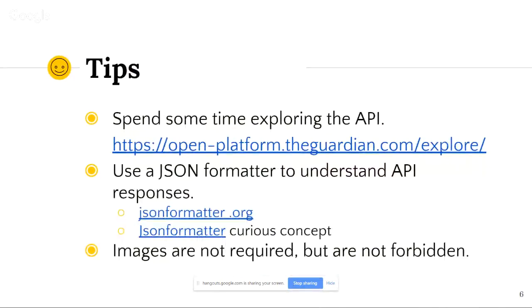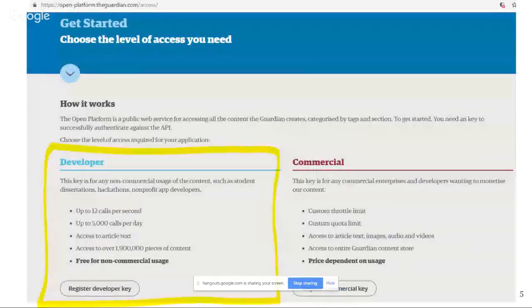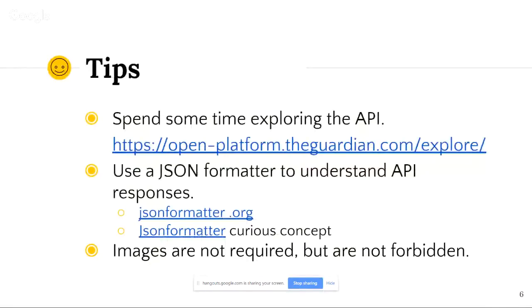Okay, so let's talk about some tips. The first thing I encourage you to do is spend some time exploring the API. And there are many ways. Actually, in the same site, you will see the documentation, or you can use this link.